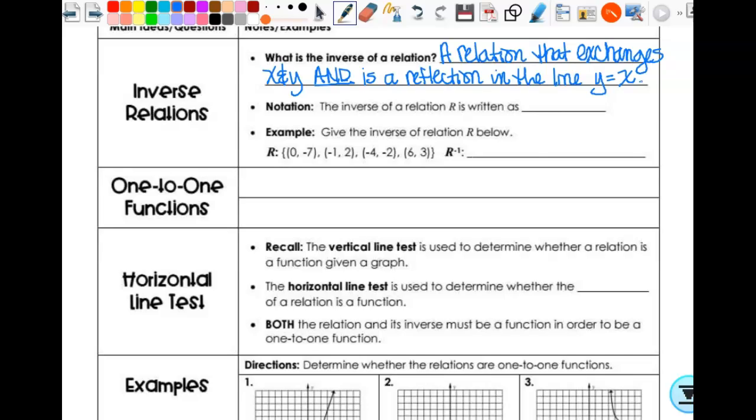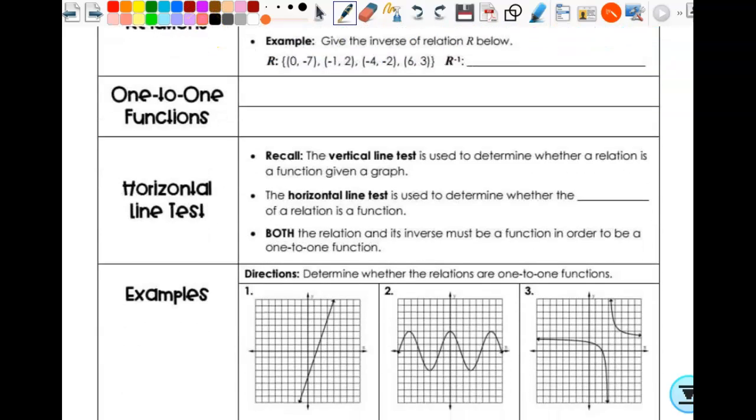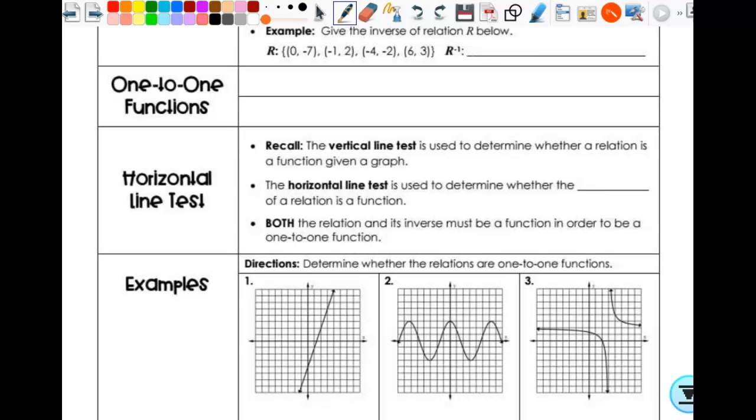Our notation, which we don't do a whole lot with relations really, but this still is good for you to know: relation R, which is like a capital italic R, is written as R inverse. It looks like a little exponent of -1. It's exactly where an exponent would go, but it's not an exponent. When they give me R and I need R inverse, and this is just a list of ordered pairs, all we're doing is exchanging x and y.